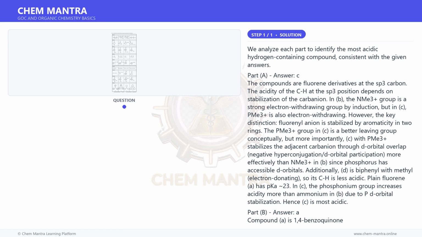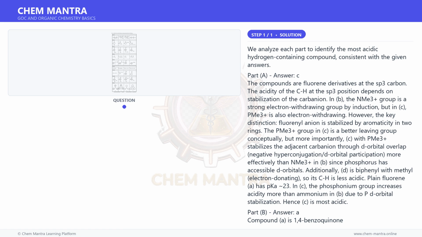Part C. Answer B. All are substituted phenols. Electron-withdrawing groups increase phenol acidity. B has para NO2, a strong EWG, with M and I effects, pKa 7.1. D has meta NO2, only I effect, pKa 8.3.